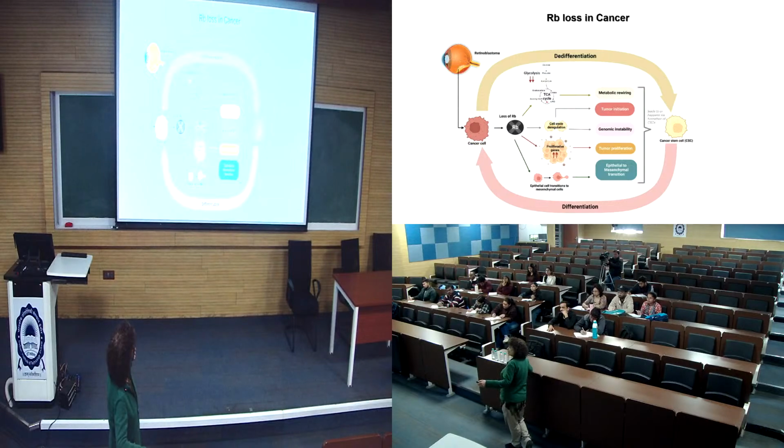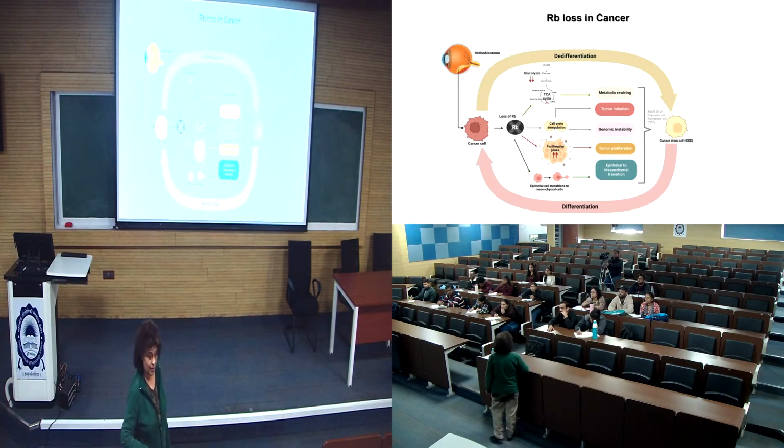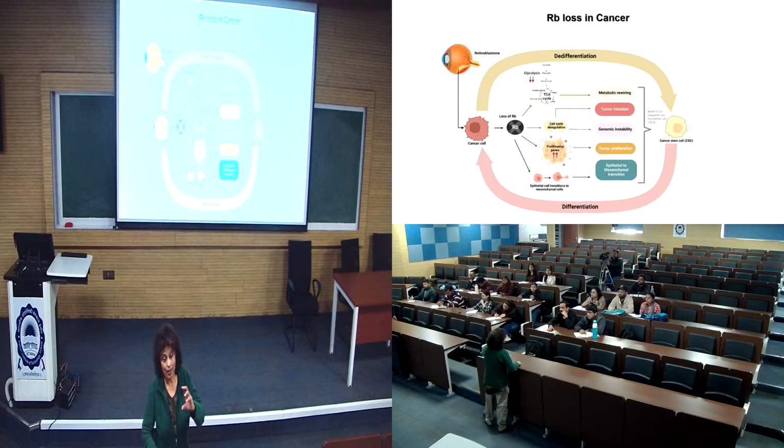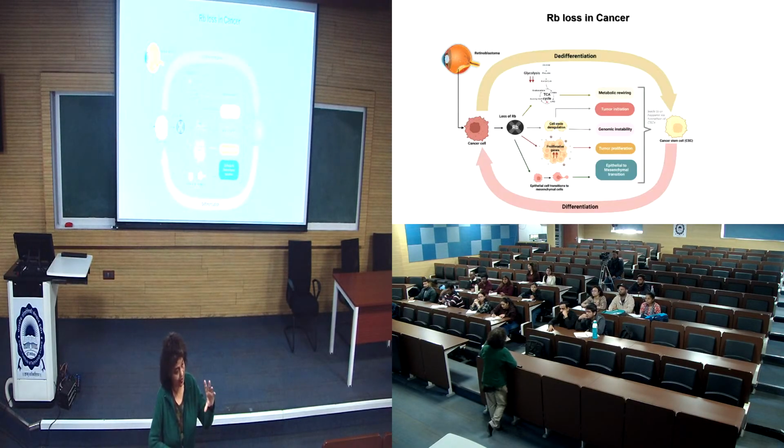When retinoblastoma protein is deleted, it leads to tumor initiation, proliferation, and epithelial to mesenchymal transition. You guys know how bad that is. Genomic instability, and it makes cancer stem cells. Remember I told you about cancer stem cells. You give very toxic therapy to a tumor, and 99.99999% of cells die.